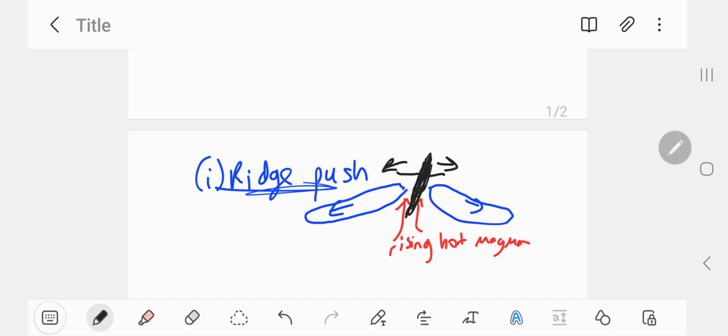And that's why you've got what's called ridge push. It pushes sideways, it pushes on the oceanic crusts on the left and right hand side.